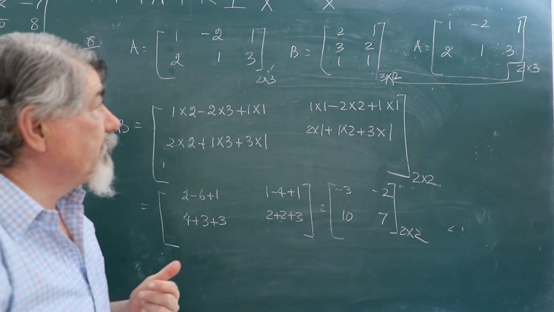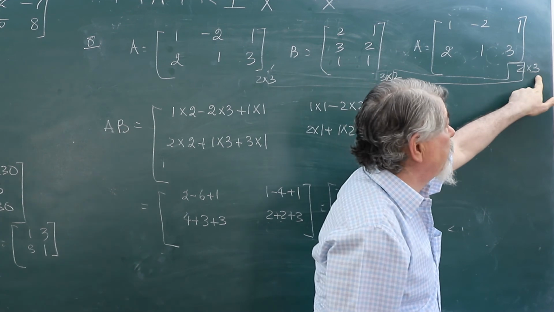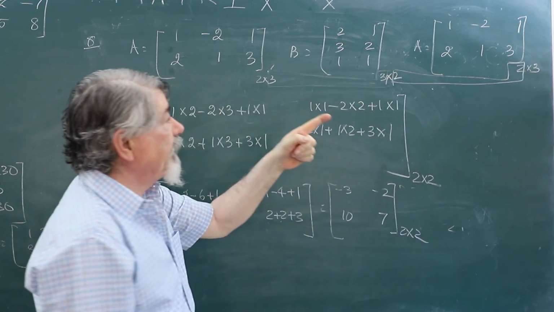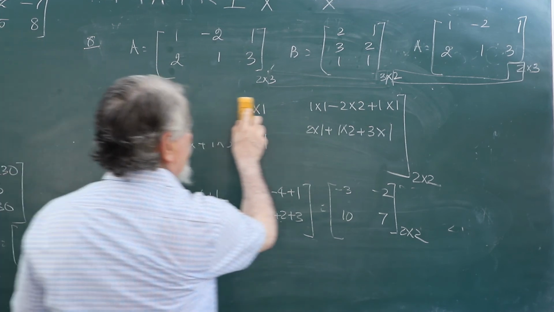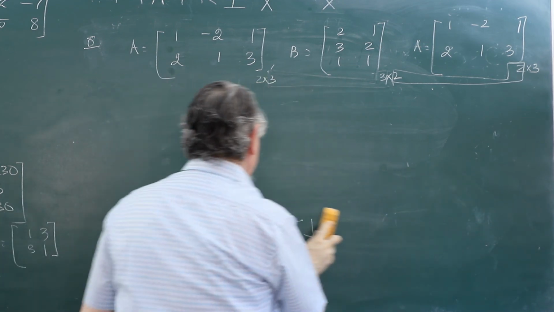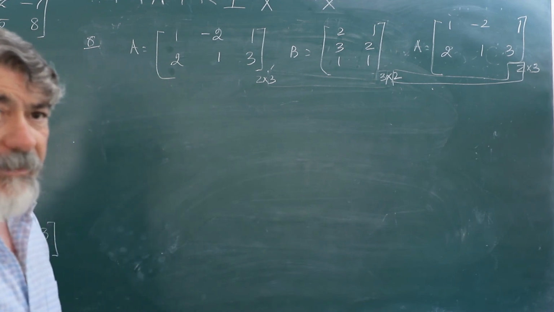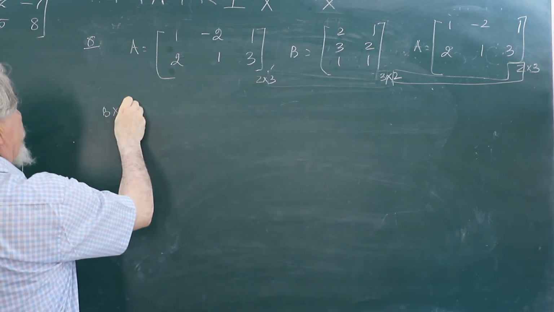And what will be the order of the final product? 3 into 3. Like we calculated here 2 into 2, here 3 into 3 will be there. You will just see it. Now let me calculate B into A. Whenever you have to calculate B into A, please write B first and A later, for your simplification, otherwise you are going to make a mistake.